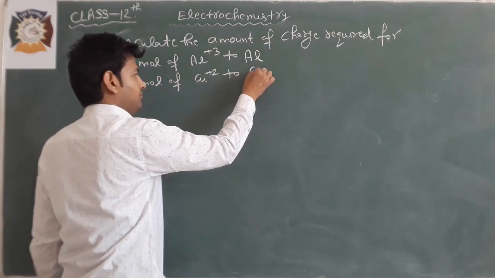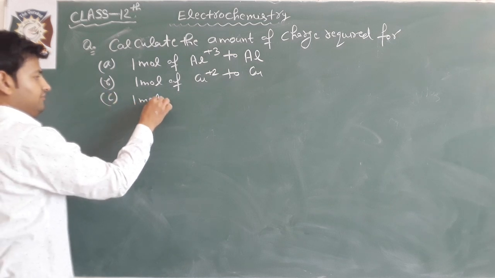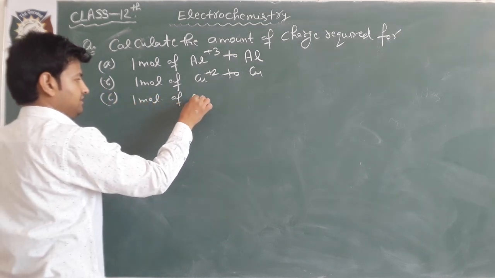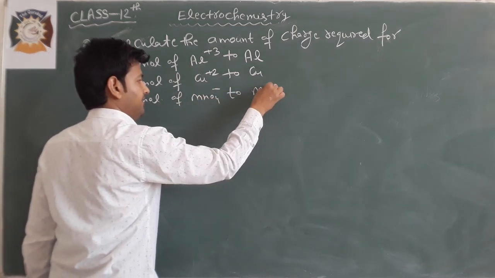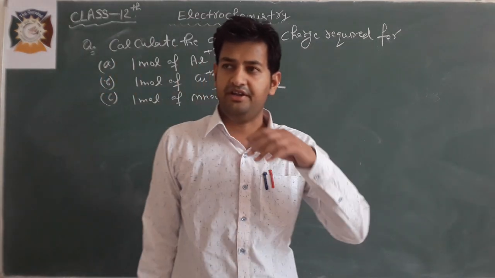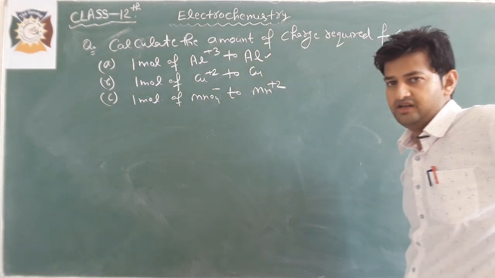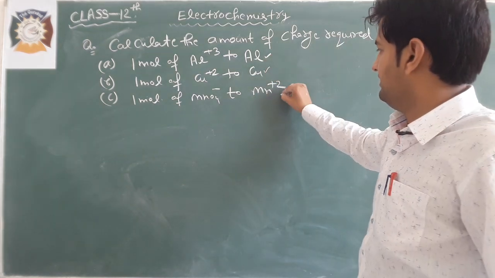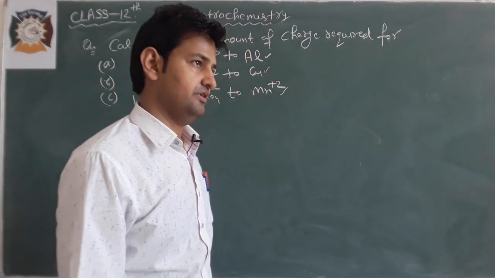And third, 1 mole of manganese plus 2 from MnO4 minus. So how much quantity of charge is required for the deposition of 1 mole of aluminium, 1 mole of copper and 1 mole of manganese ion?